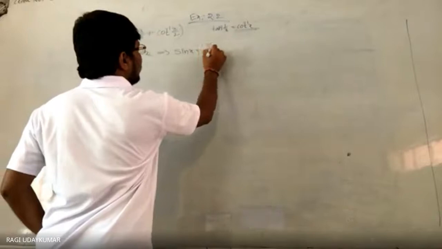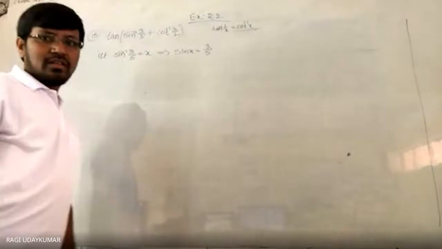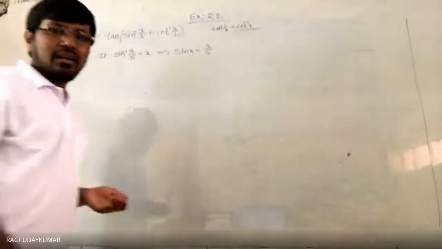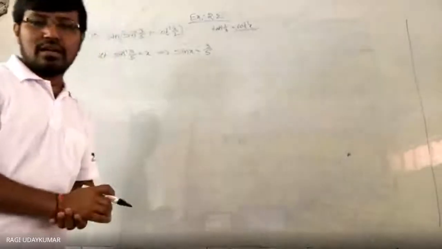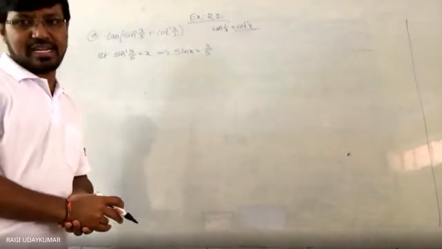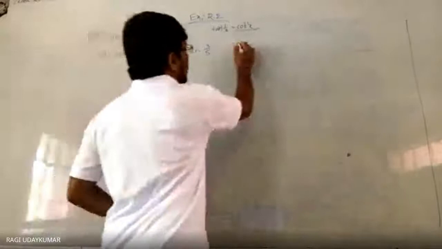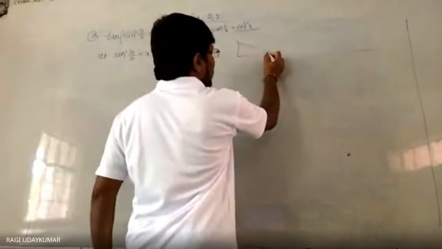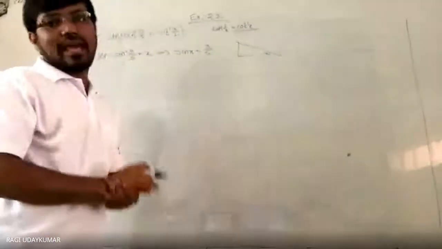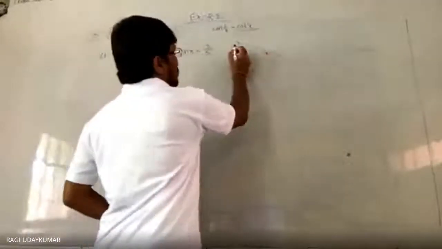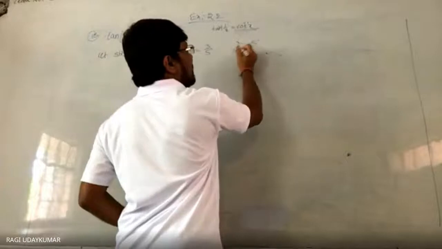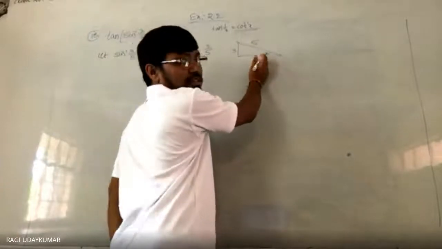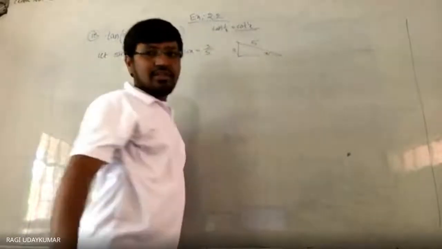Sin x is equal to 3 by 5. So simply you take a basic level trigonometry of 10th class standard. Sin x is equal to 3 by 5 means you take the angle x as an acute angle, so opposite by hypotenuse: this is 3, this is 5. What will this be? What do we get?